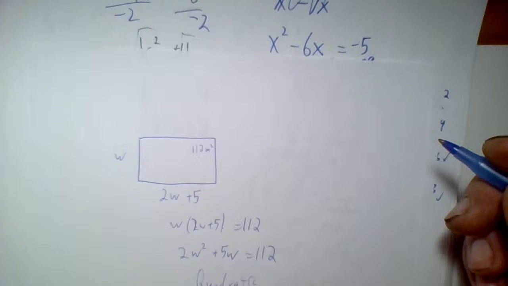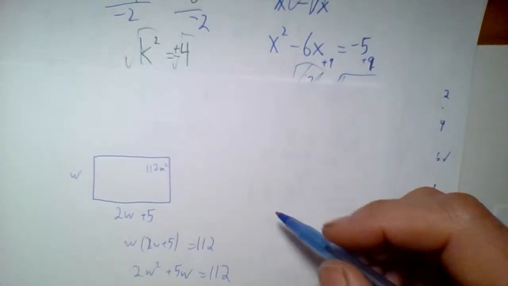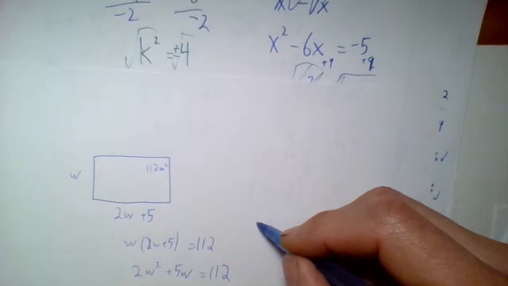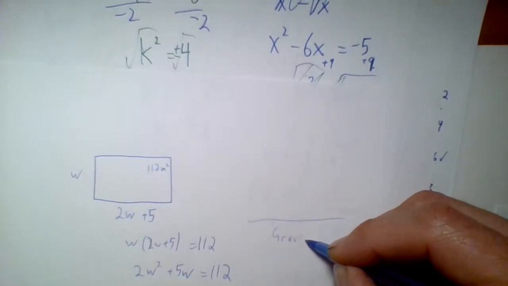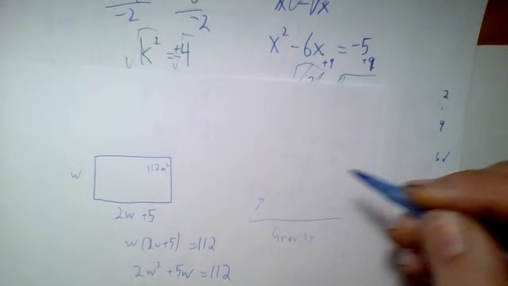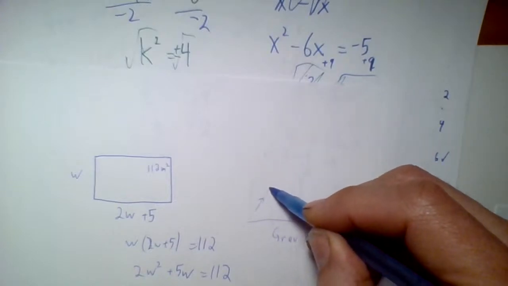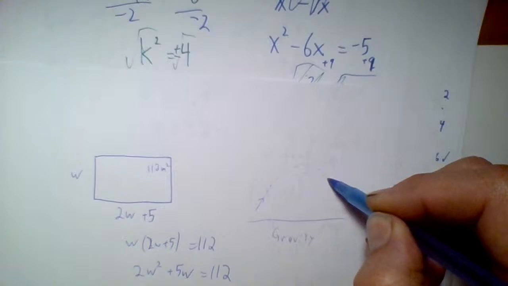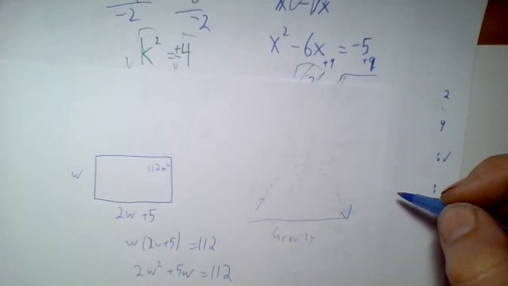And then another completely unrelated thing is if you have gravity, this is the ground and there's gravity going on. If you launch a projectile up, it's going to follow this kind of path because of the way gravity works on it. It's going to follow that kind of a path, which ends up being a quadratic function.